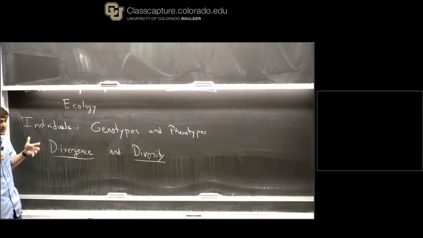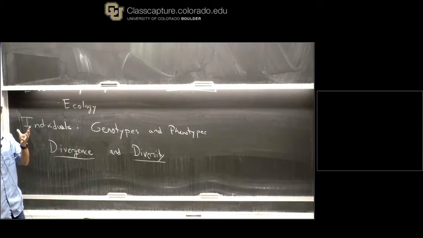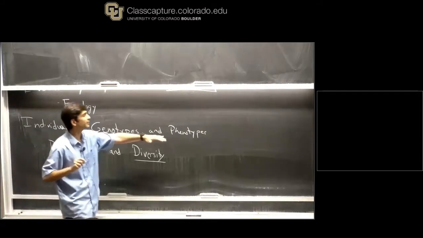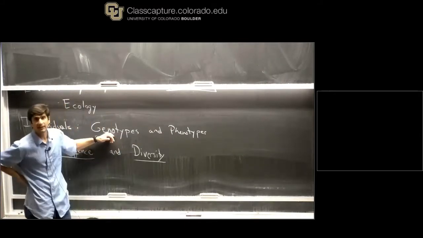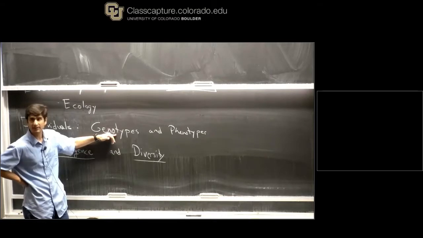So you could write down some sort of equilibrium model. The stupidest thing is to talk about models where all genotypes are equivalent. These are neutral models of evolution, where all individuals have the same phenotype regardless of their genotype.